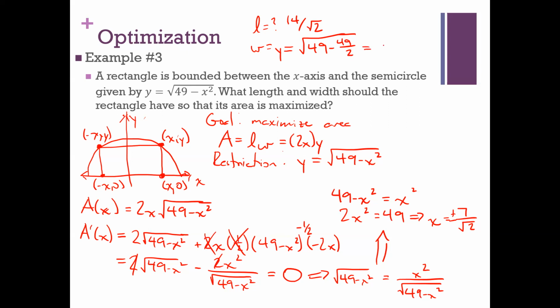Which should come out to 7 over radical 2. I believe that's right, but I also took some shortcuts because we're short on time, but I think I like this length and width. I was expecting it to be twice as long as it was high.